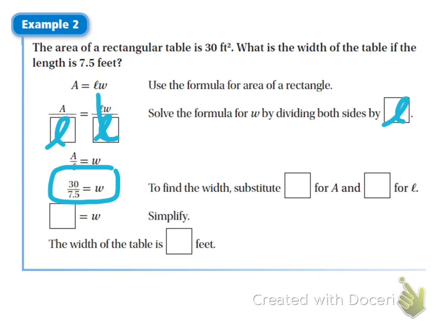So we're going to substitute 30 for A and 7.5 for the length, and this will give us the width. Very simple. So when we put in our calculator 30 divided by 7.5, we find that the width is 4. So the width of the table is 4 feet.